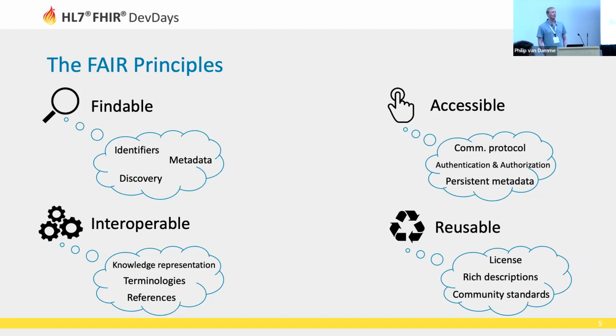Right. Yeah, that's an interesting question. There are, I think, in the implementation guide, a couple of mentions of this. So yeah, let me think. It's interesting. So especially metadata. FAIR says that your metadata should be completely separate from your data. While if you use FHIR, the resources itself also contain metadata.